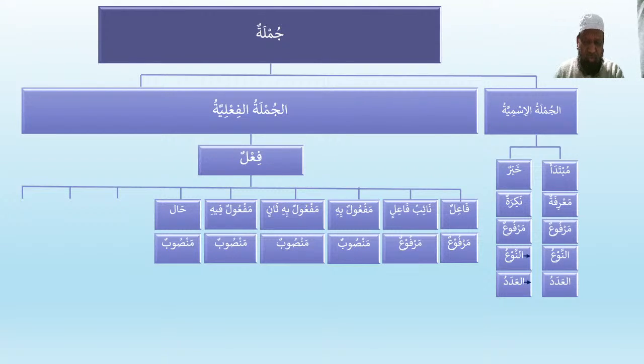Hal is also mansub. So we have learned in jumla fi'liya, only fa'il and naib fa'il are marfu, and the rest of the slots are in mansub case. Again, we have 3 slots left. Once we add those 3 slots, inshallah, alhamdulillah, our jumla fi'liya will be complete.